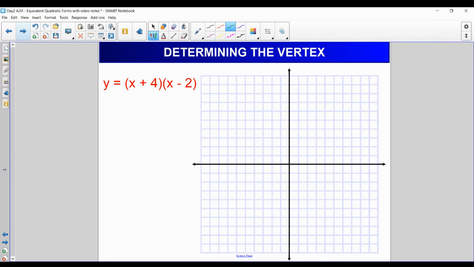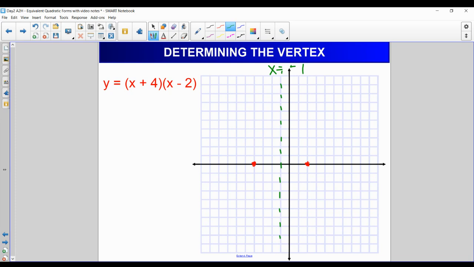Okay, so if we go to this, let's put these back in. Oops. Okay, so if I put -4 and +2, and I know that my line of symmetry is at x equals -1.